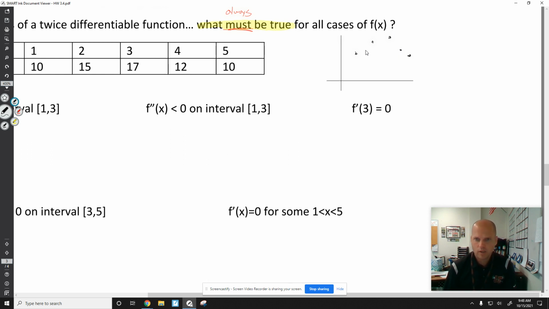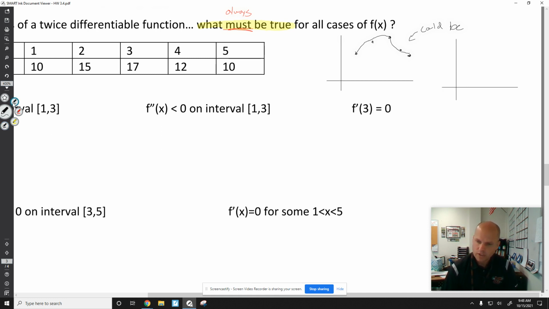Okay? And you're like, oh, it looks like we're increasing concave down, and then we're decreasing concave up, right? That would be what it could be. Could be this. Could be. Must it be that?